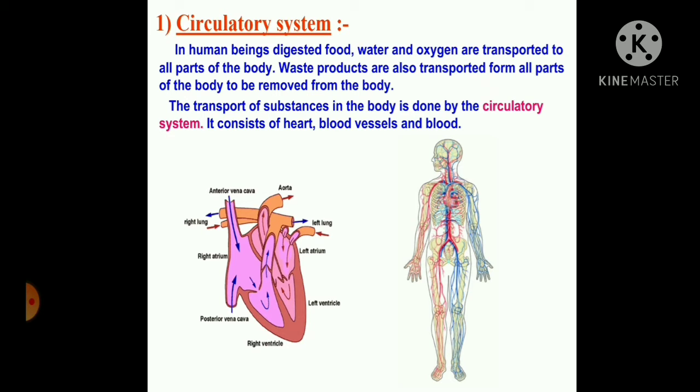So friends, when the body cells function, they release waste products that are not good for our body, and hence they should be removed from our body. And the transport of substances in the body is done by the circulatory system, which contains heart, blood vessels and blood.